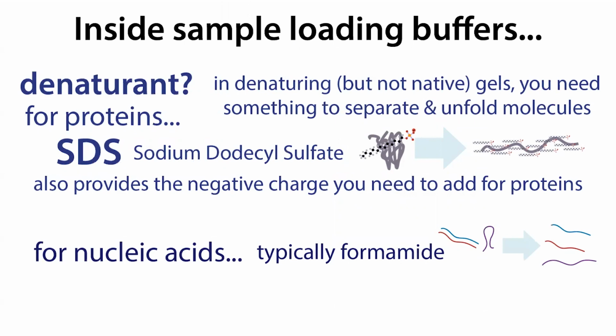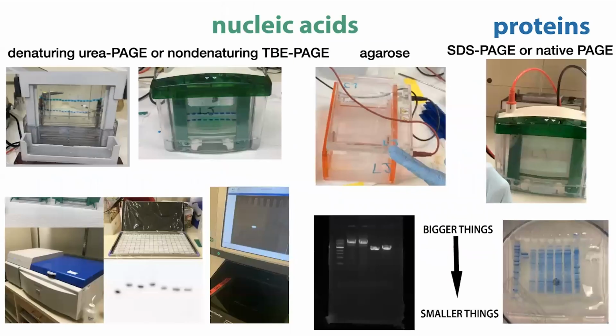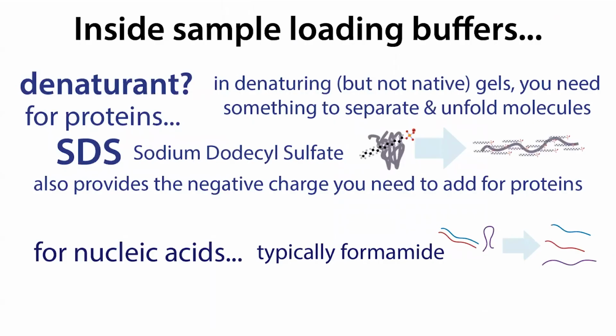Another option we have to make is, do we want denaturing conditions or non-denaturing conditions? Non-denaturing is often referred to as native. So when we talk about denaturing, what we're referring to here is basically unfolding the molecules and separating them from one another. And so in the case of a protein, we're going to be unfolding the proteins and breaking up the protein-protein interactions.